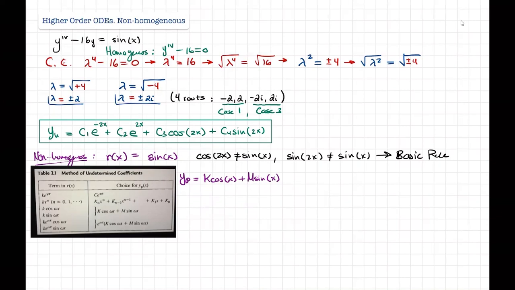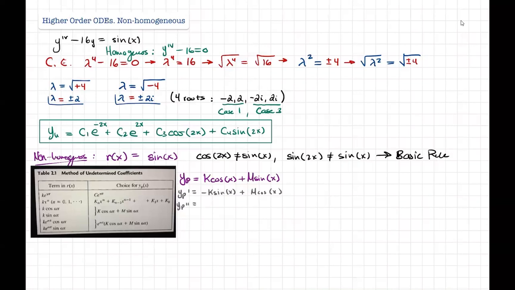So this one will be YP prime. I'm gonna get negative K sine of x plus M cosine of x. Good thing that this one, we don't need to multiply it into any other number inside the signs. If not, we would already be doing a big chain rule.